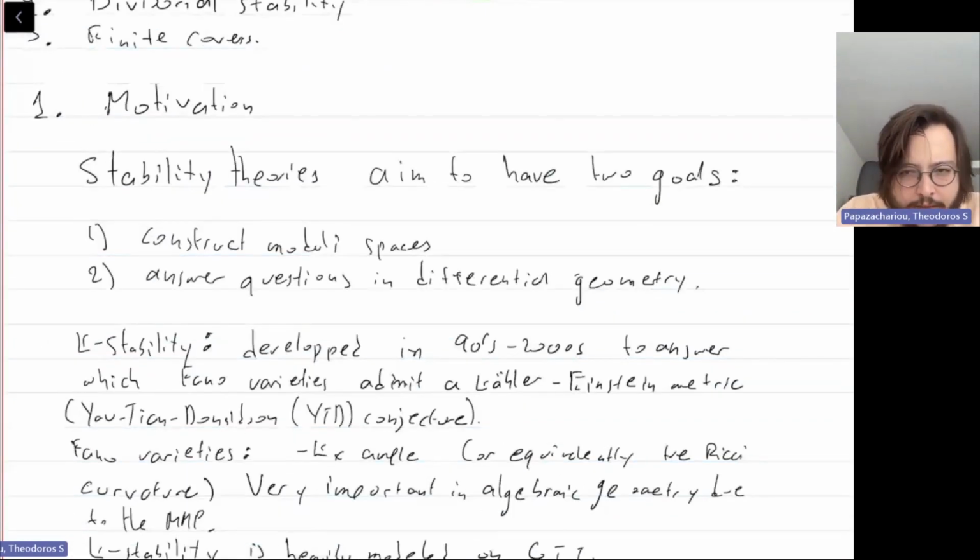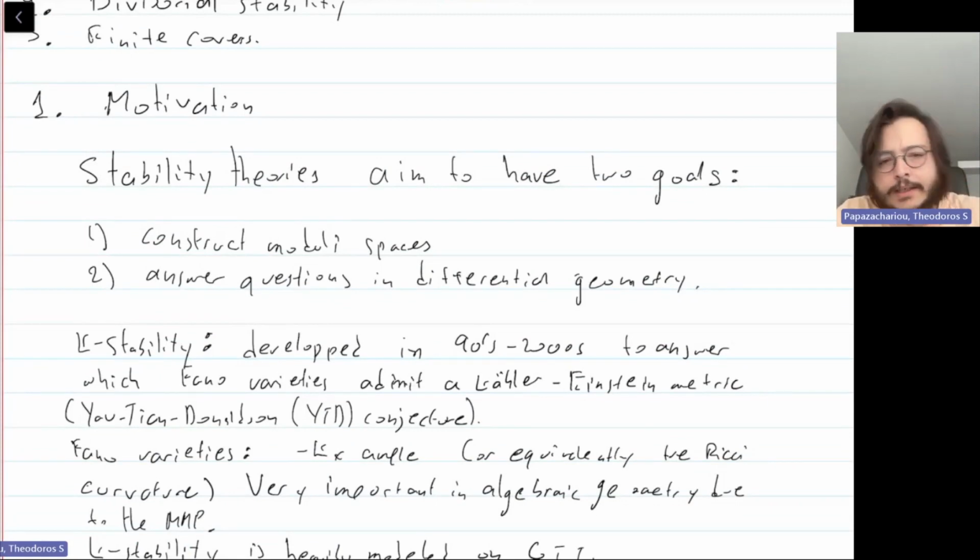So to begin with, when we look at stability theories in modern math, the aim we usually have is twofold. We have two goals that we want to satisfy. The one, which is the end goal if we manage to achieve it, is to construct some moduli spaces, which will help us with some classification problems or parameterization problems. The first one ties with GIT, which is the granddaddy of all these stability theories.